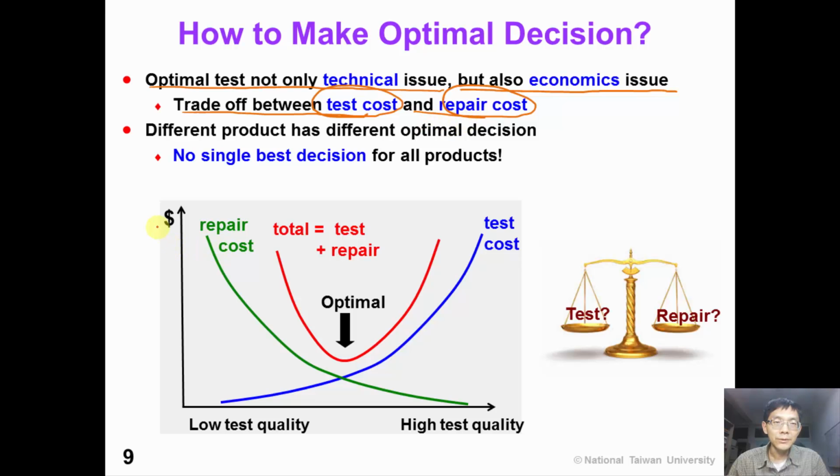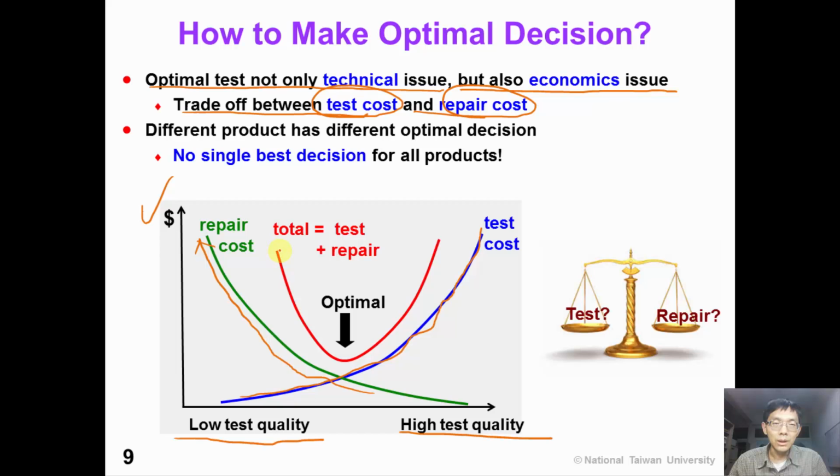As is shown in this figure, on our right hand side, we showed tests with high quality. We can see that the blue curve, which is test cost, increases as we improve the test quality. On our left hand side, we showed tests with poor quality. So the green curve, which is repair cost, rises as we lower the test quality.